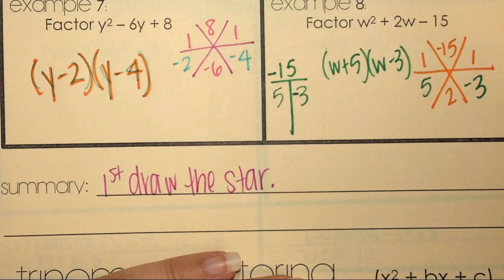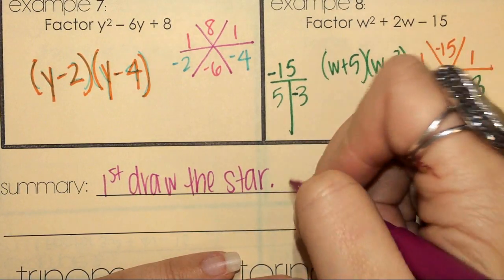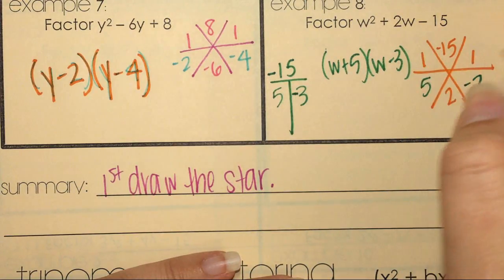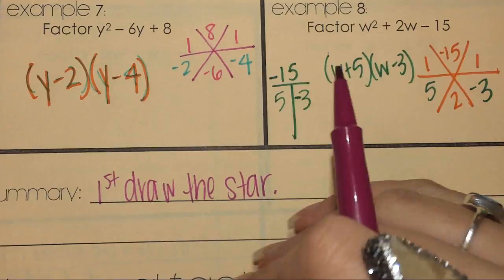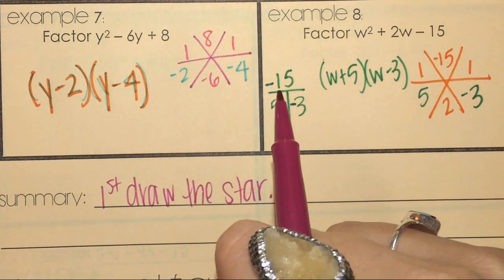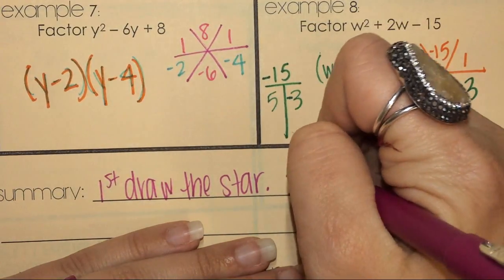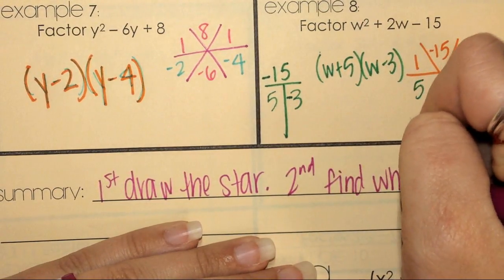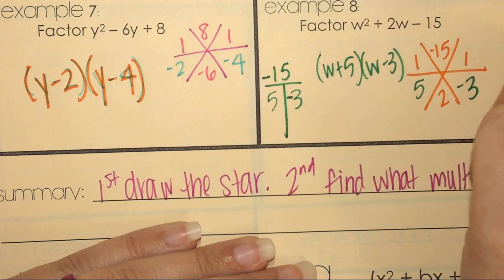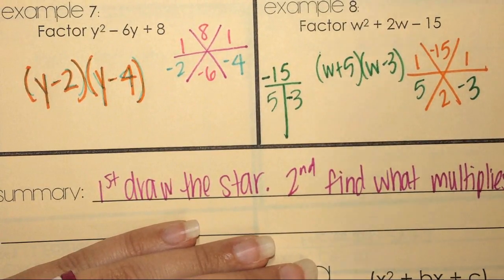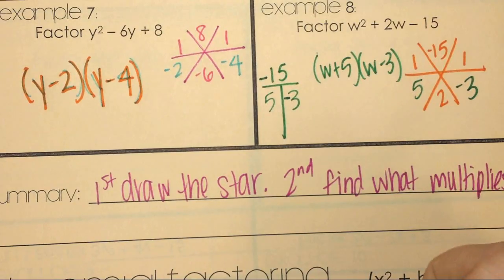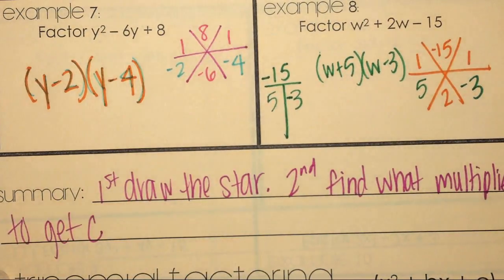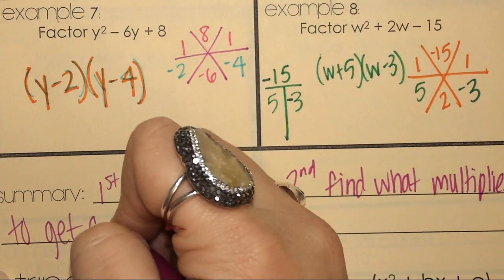Whatever goes in the top and bottom of the star, just imagine that draw the star means you also fill in the star. Then we see what multiplies. Multiplies to get what? The top number. To get C, right? That's our top number. Multiplies to get C, and then what? And adds to get B.